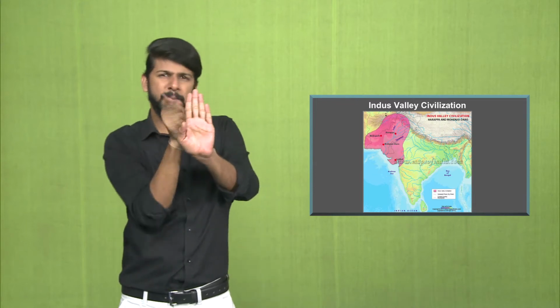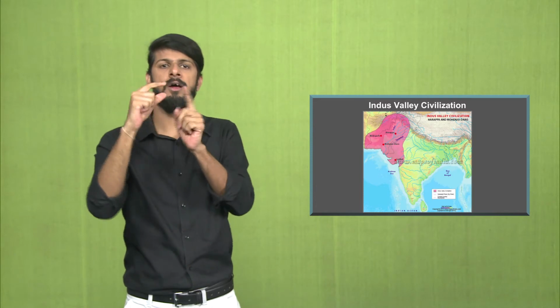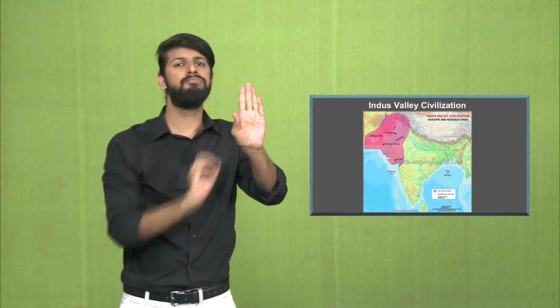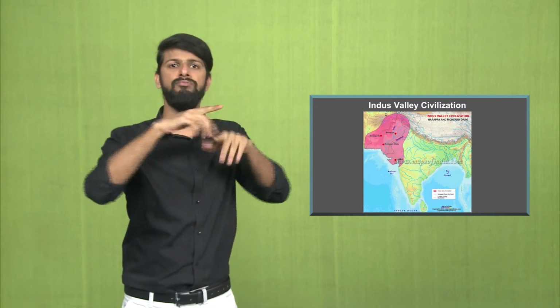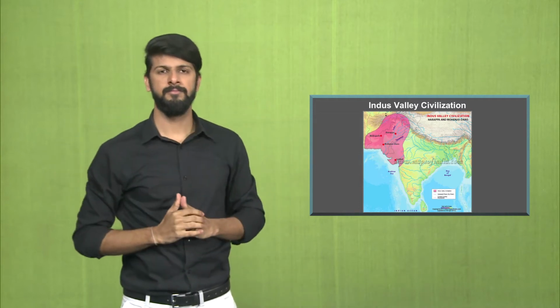This is the Indus Valley civilization, the extent of it, the time much before the concept of India as a country, and the Indus Valley civilization is shown as on the map here.